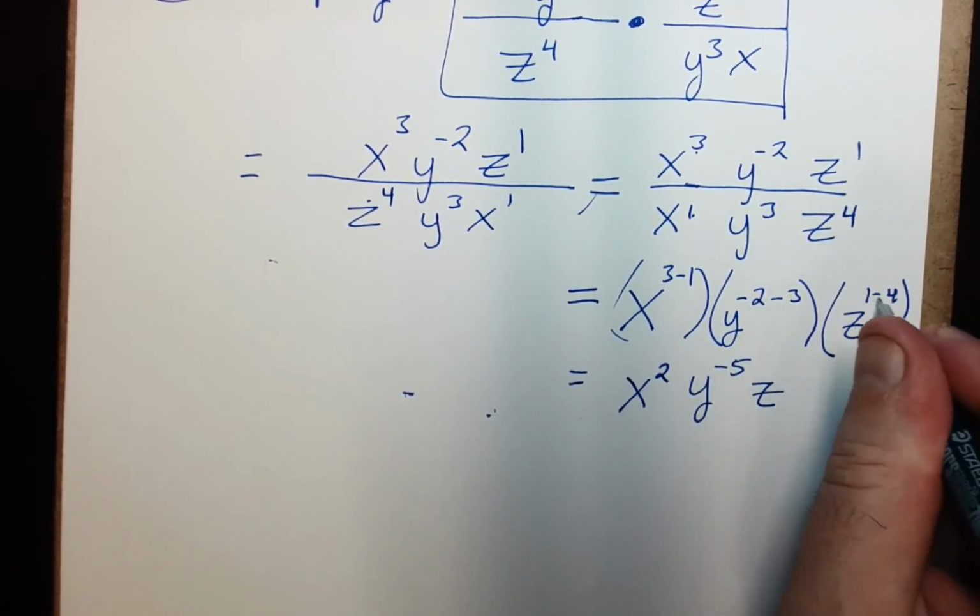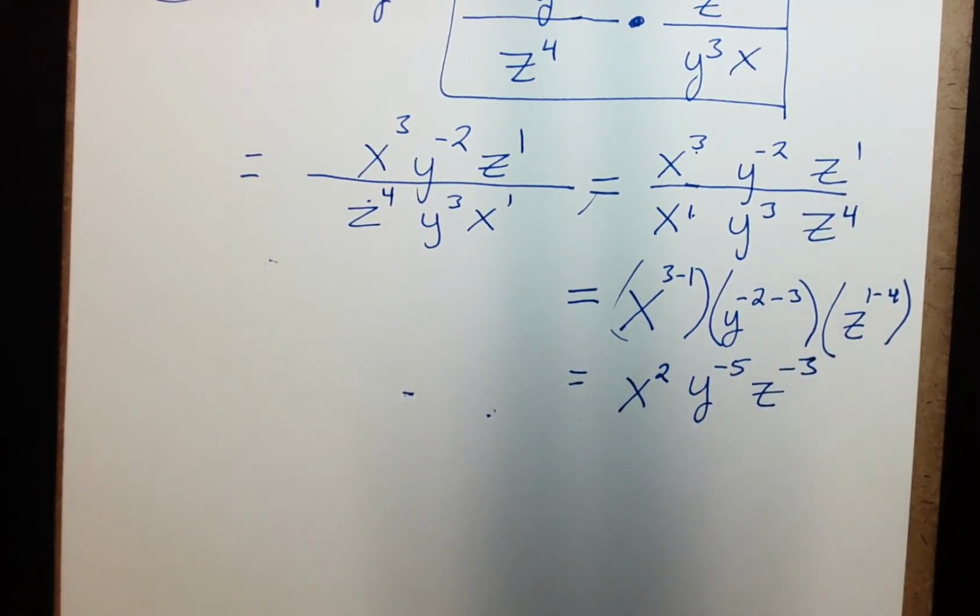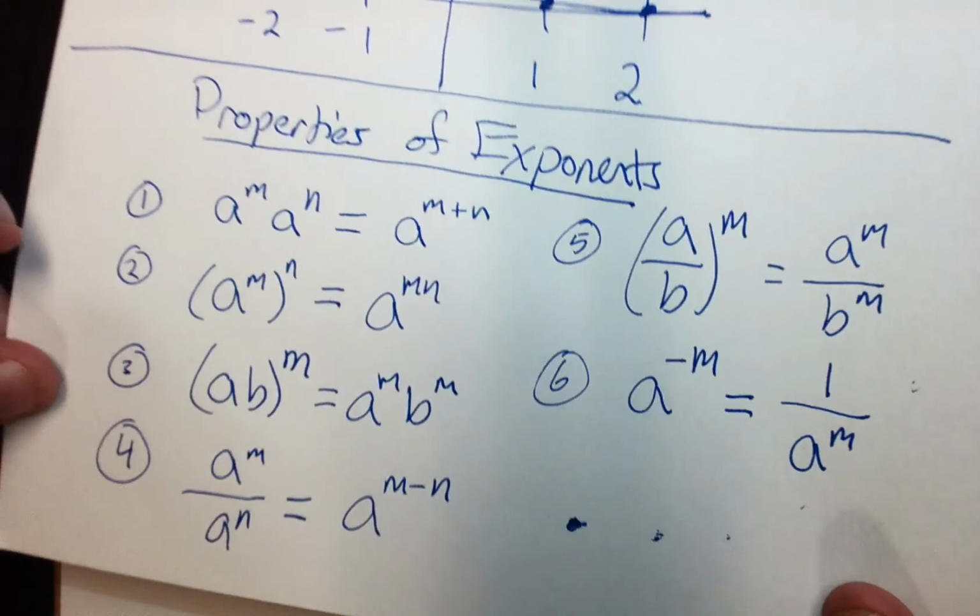It's a little bit confusing, but this was a minus 2, so it starts out with a minus 2. And then z, 1 minus 4. So you do the subtraction on the exponents, you get x to the 2, y to the minus 2 minus 3 is minus 5, z to the 1 minus 4 is minus 3, like that.